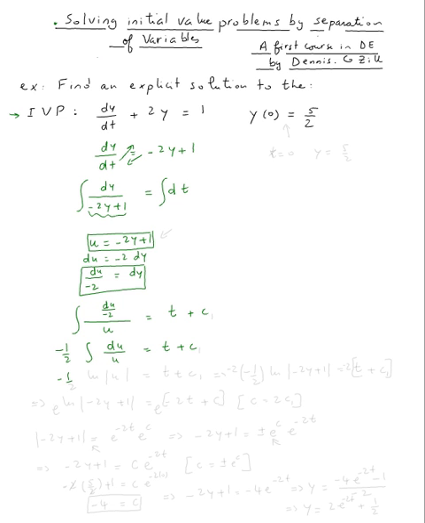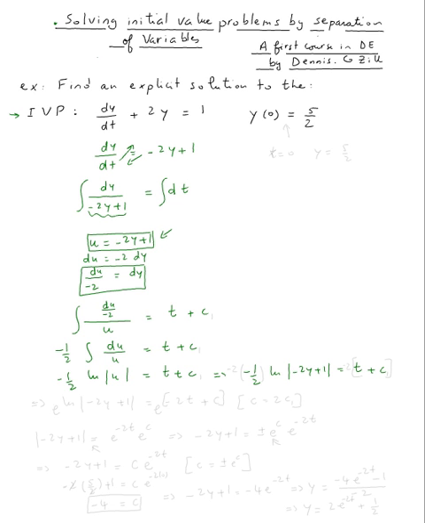So this will be minus 1/2 ln of absolute value of u equals t plus c. Now substitute the u back: minus 1/2 ln of absolute value of negative 2y plus 1 is equal to t plus c.